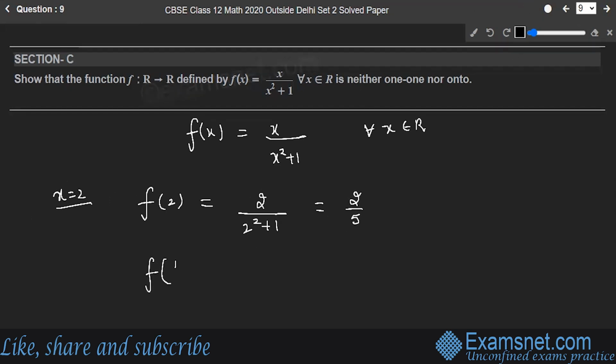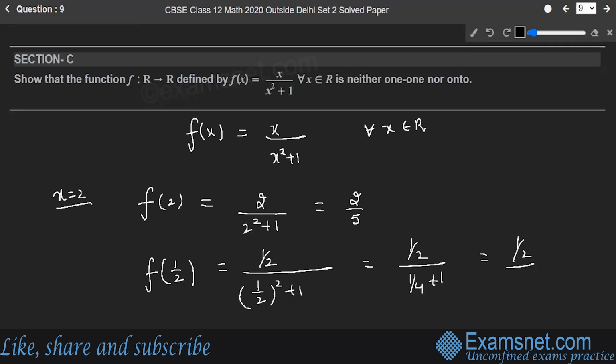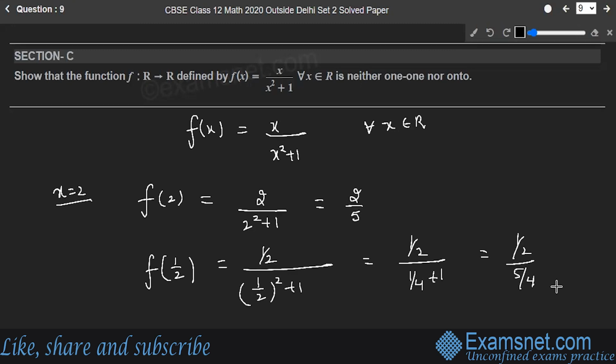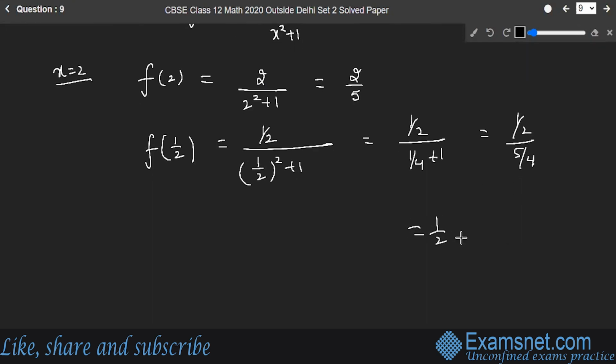And for 1 by 2, this will be equal to 1 by 2 upon 1 by 2 square plus 1, which is equal to 1 by 2 upon 1 by 4 plus 1, 1 by 2 upon 5 by 4, which will be 1 by 2 into 4 upon 5, which is equal to 2 upon 5, right?